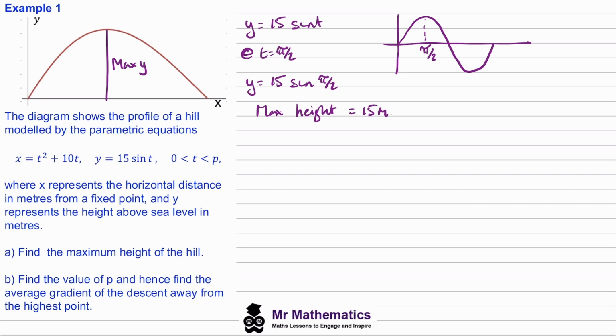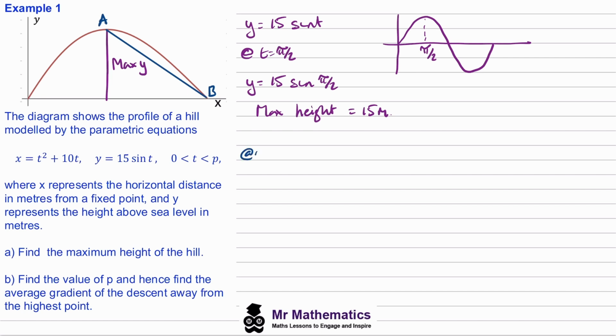For part B, find the value of p and hence find the average gradient of a descent away from the highest point. So we're looking at the gradient of this line. To work this out, we need the coordinates at A and we need the coordinates at B. And then we can find the standard gradient of that line segment.